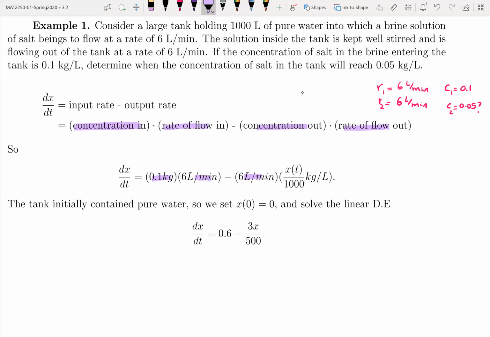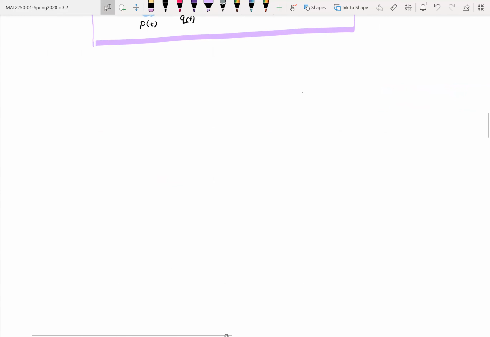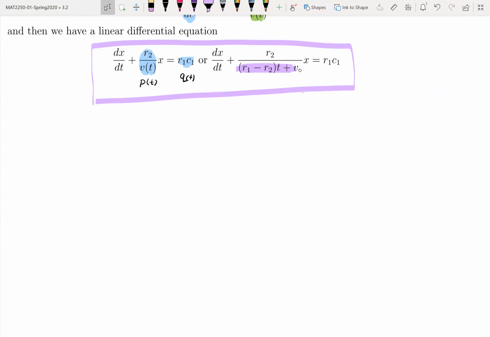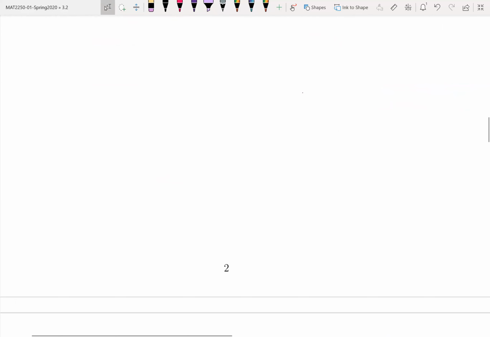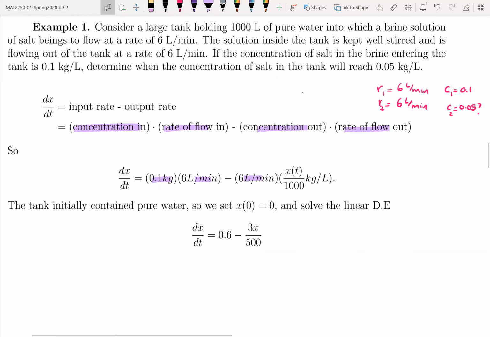So this part is really a copy-paste of what we have done over here, right? You have to write the rate divided by the volume times the X. The volume is already set to its minimum. So this is the rate divided by the volume, and that's X of t.